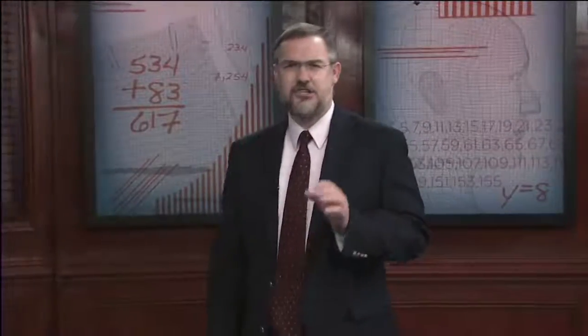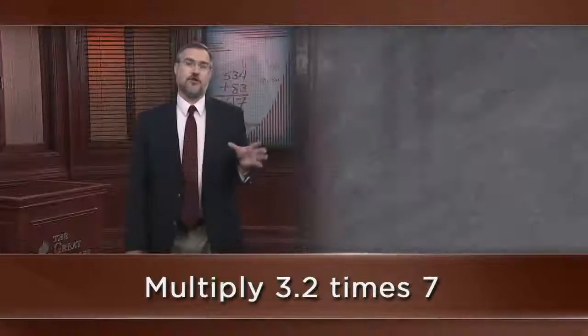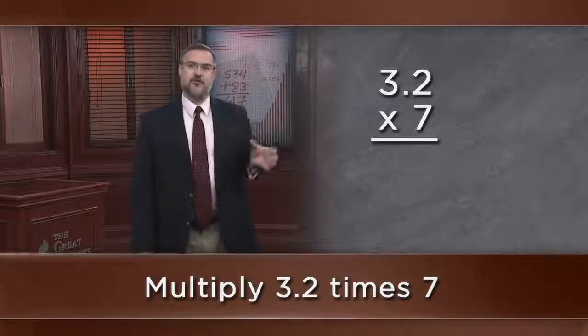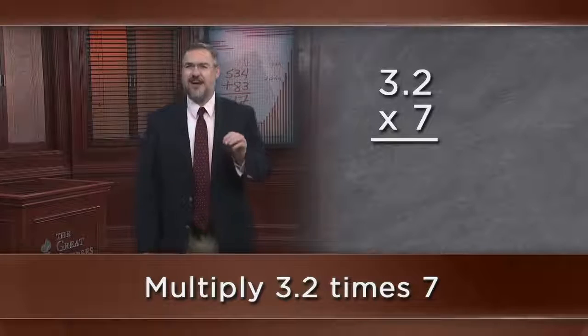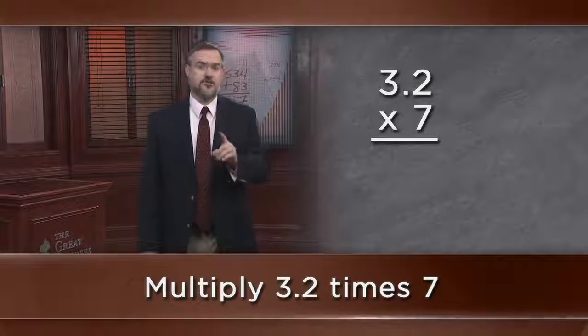Let's get started with a pretty basic example. I want us to multiply the decimal number 3.2 times the whole number 7. Now, as with our previous work on multiplying, the first thing we want to do is write the problem vertically, not in a horizontal fashion, but with one number above the other. The key here is to not worry about lining up the decimal points.